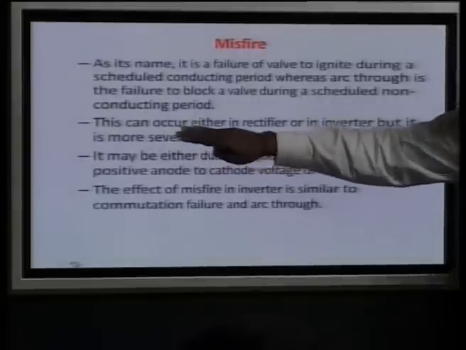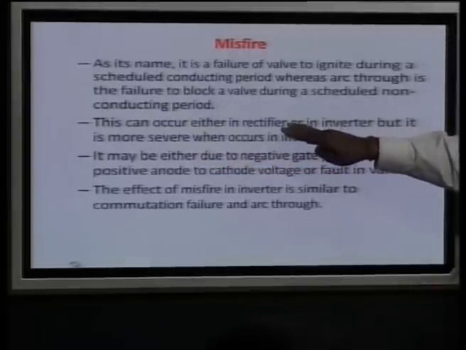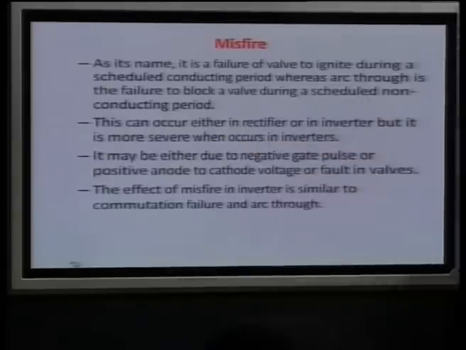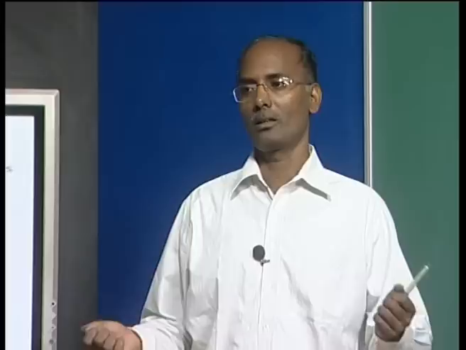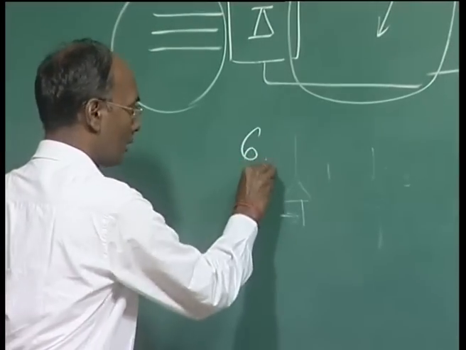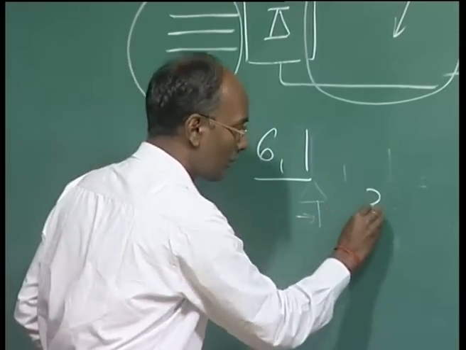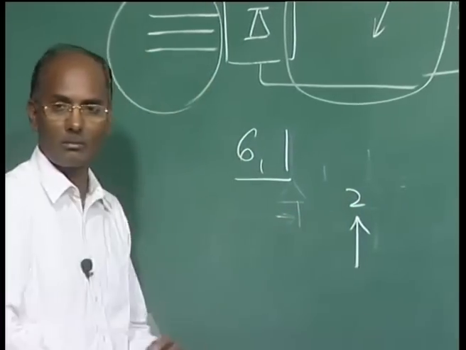This can occur either in the rectifier or the inverter, but it is more severe in the inverter, because it is just like commutation failure. Suppose 6 and 1 are conducting, then you give the pulse to 2, it does not conduct.